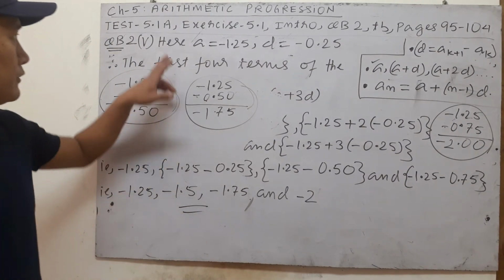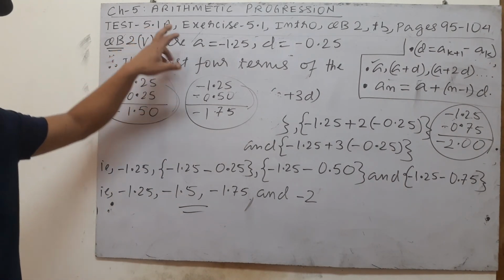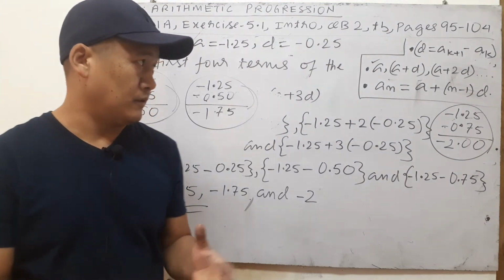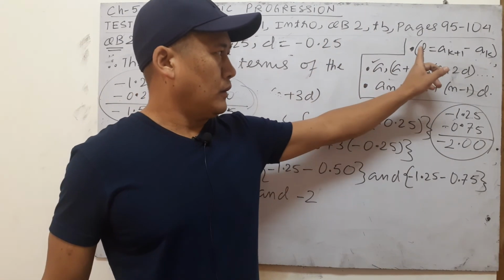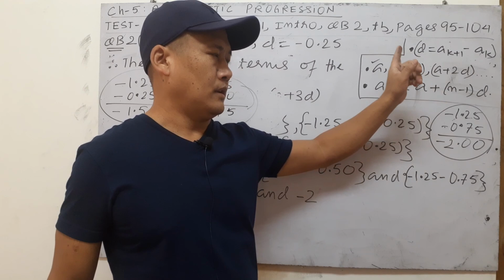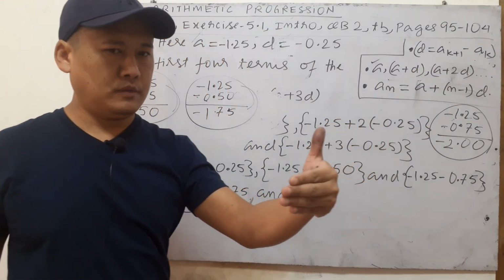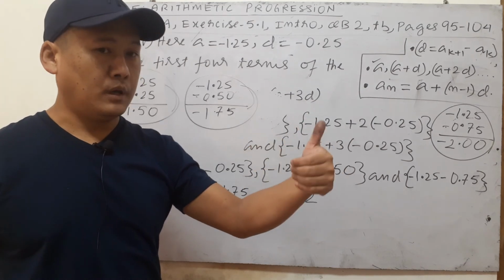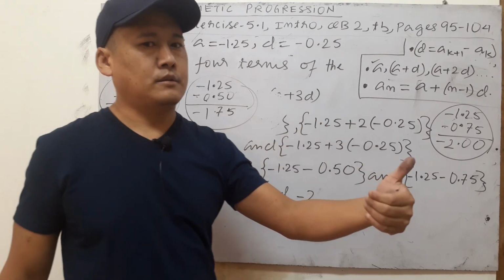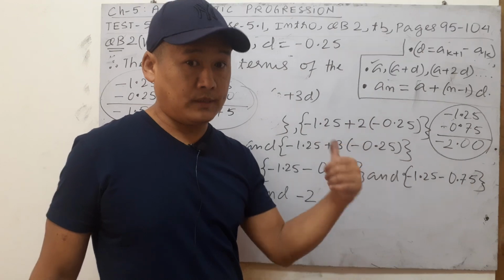That concludes the part for test 5.1A. I hope you're getting it. So in this chapter, an arithmetic progression is a set of numbers in which each term of the AP is obtained by adding a fixed number to the preceding number.